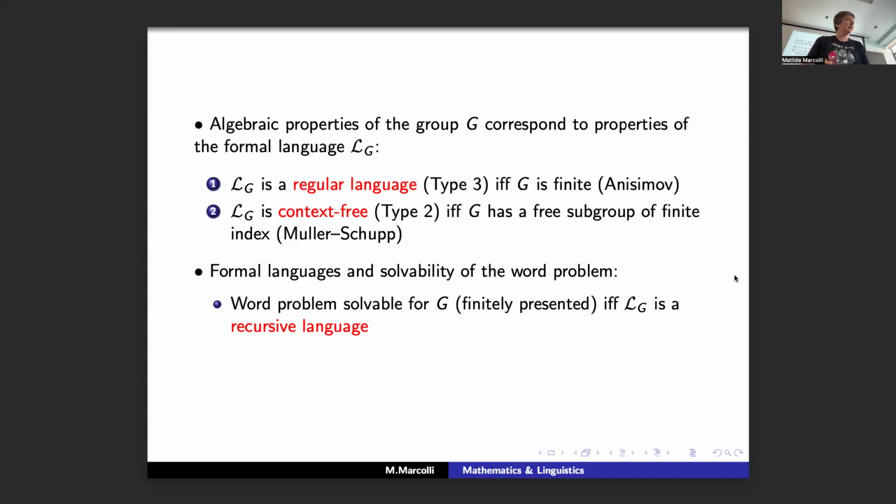In the second example, G can be not finite. Yeah, that's right. Of course the context-free languages include the regular ones, so the finite groups are already included. But the characterization in terms of having a free subgroup of finite index is for the infinite ones, for the ones that are not. So those that are context-free but not regular are characterized like this.